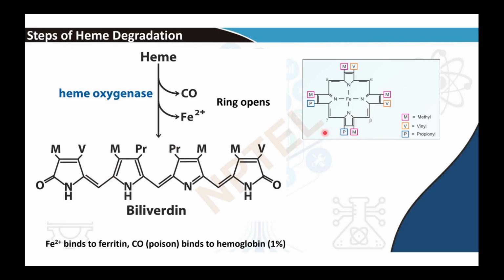And then again the methyl group and propionyl group. And then again the pyrrole ring is there. So just the ring opens from here, the iron comes out of it, and one carbon monoxide comes out of the heme structure. And the product that we get, this open ring pyrrole structure, is called biliverdin.